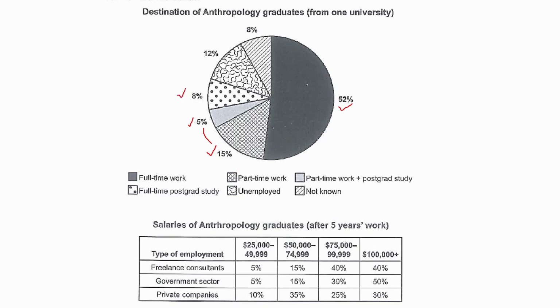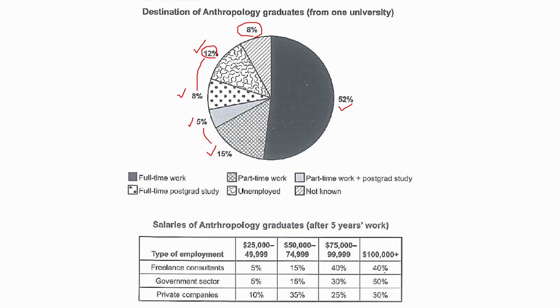So I will put them together. Next, we have full-time post-grad study and unemployed. I will mention them together as well to make comparison. I will start with unemployed because it's bigger, and then full-time post-grad study. And finally, I will mention not known. So it's logical to start with the pie chart and then mention the salaries in the table.